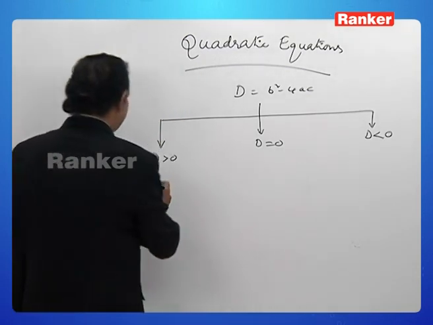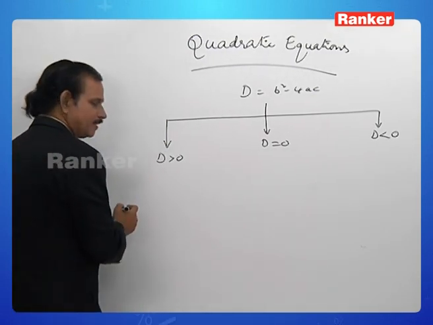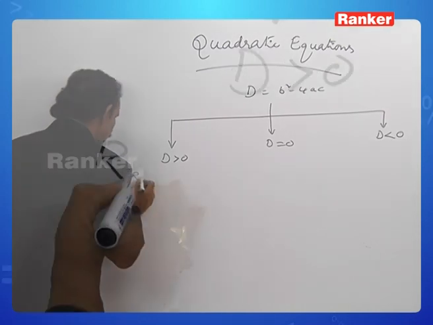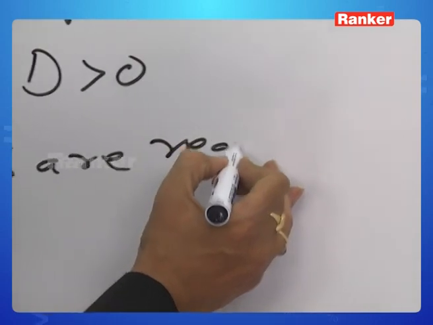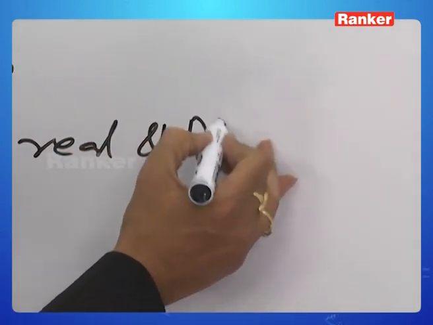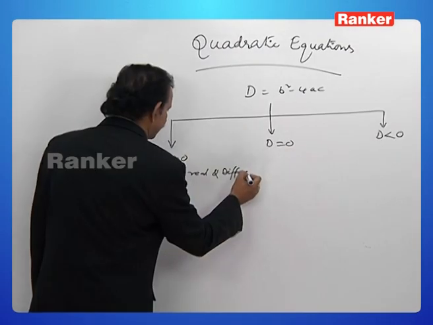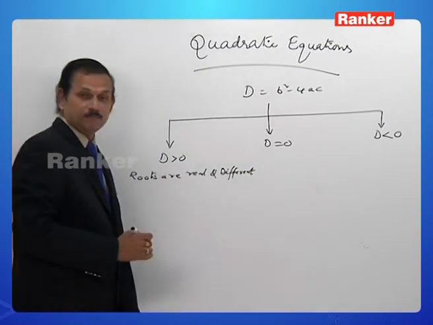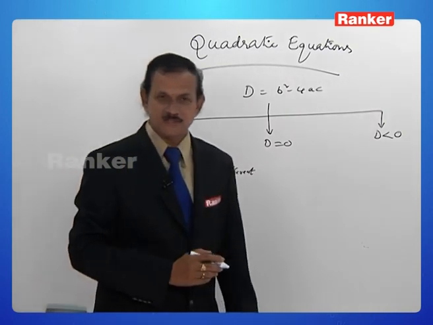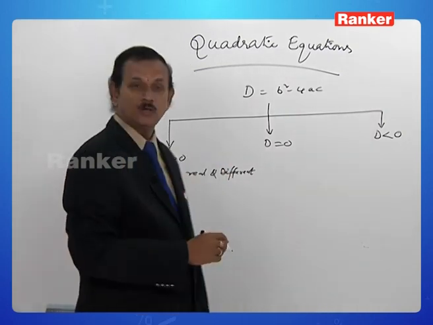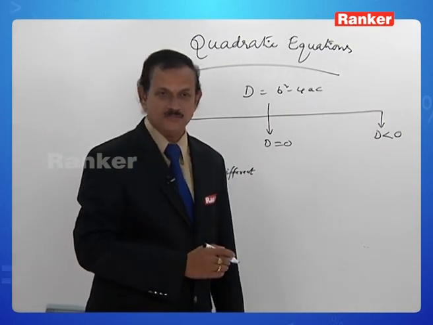If D is greater than 0, that is, discriminant is greater than 0, roots are real and different, provided a, b, c are real. Provided in the equation ax square plus bx plus c is equal to 0, a, b, c must be real numbers.